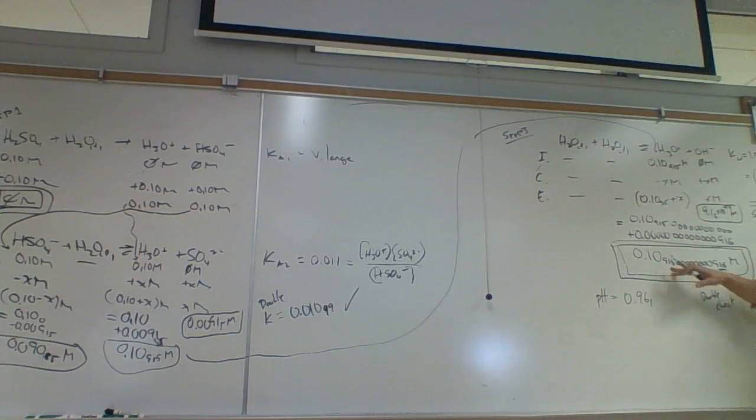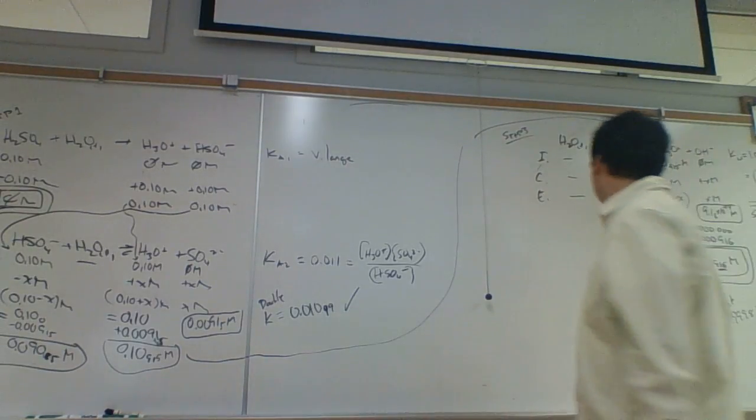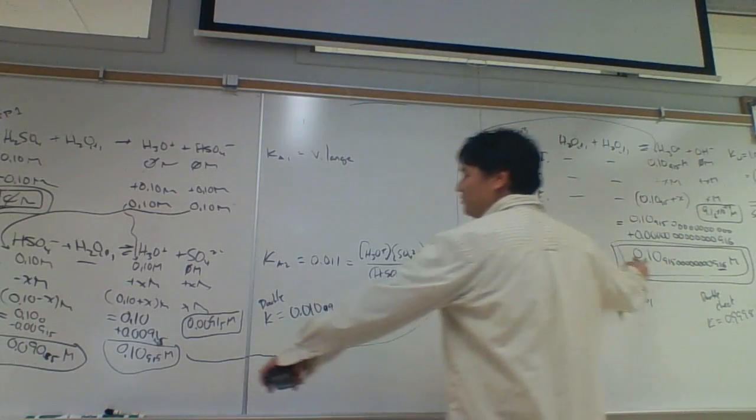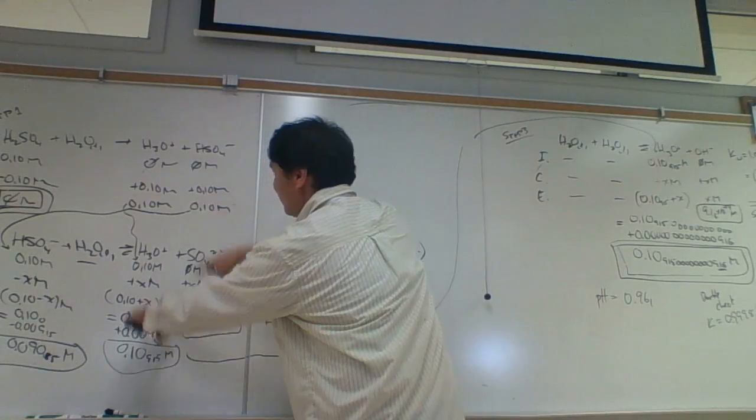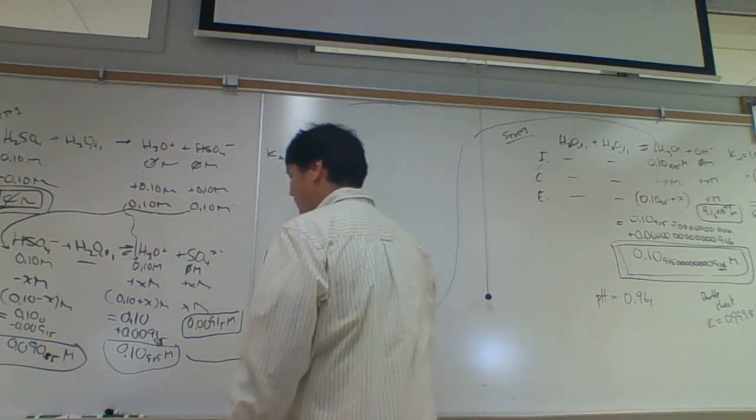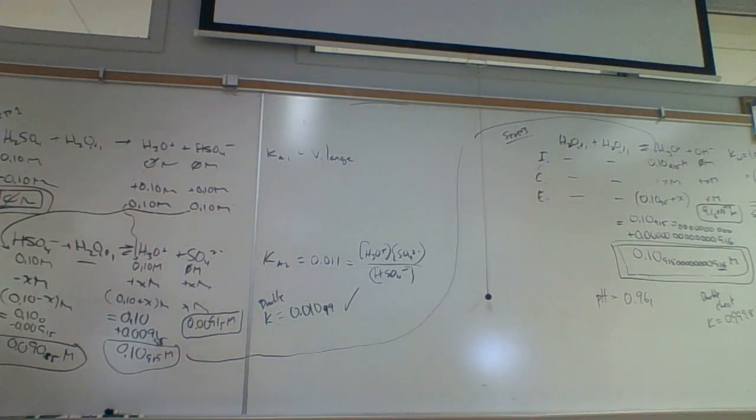I didn't carry out all the digits, but I got a K of 0.9998 times 10 to the minus 14. Is that pretty good? Yeah, that's good. So we're good there. This hydronium has to satisfy all 3 steps simultaneously. Does it? Yes, it does. Okay, so that's the total hydronium. Okay, then we have the HSO4 minus. The HSO4 minus, it goes down to here.